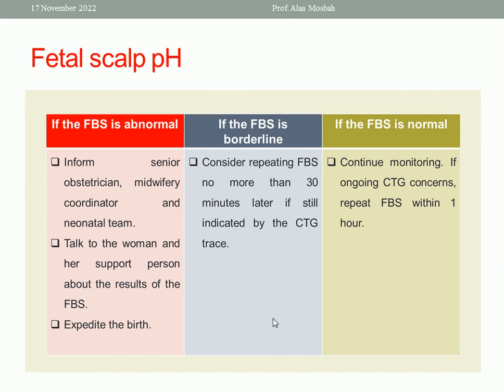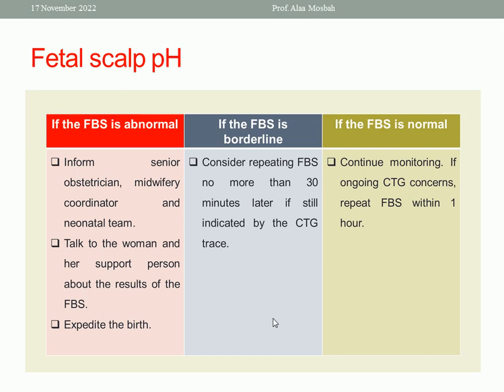Talk to the woman and her support person about the result of the fetal blood sampling and expedite the birth because you are in an emergency situation. If the fetal blood sampling is borderline, consider repeating the fetal blood sampling within 30 minutes if it's still indicated by CTG trace.